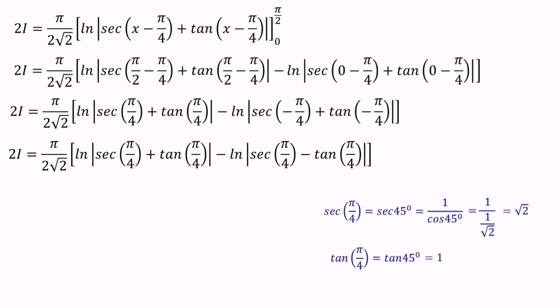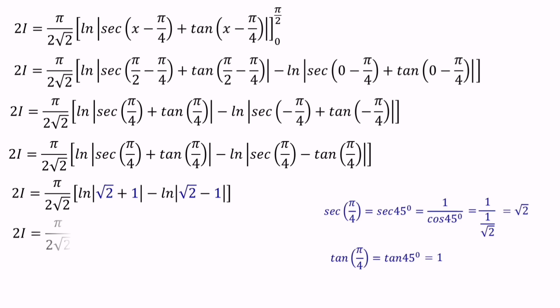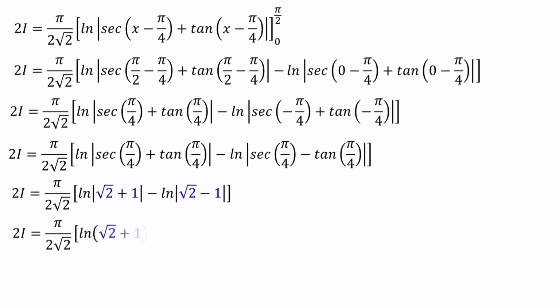Then we can write ln modulus root 2 plus 1 minus ln modulus root 2 minus 1. Root 2 plus 1 and root 2 minus 1 are positive values. Therefore, there is no need to write the modulus. So we can write ln root 2 plus 1 minus ln root 2 minus 1.